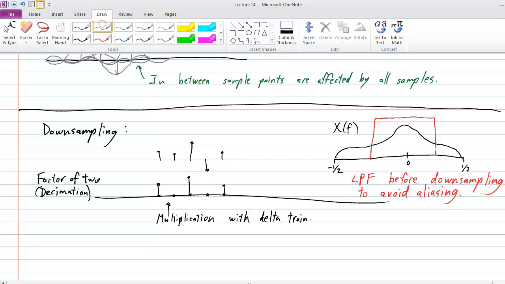So we low-pass filter, and in general, we low-pass filter with a cutoff frequency 1 over 2k, where k is the ratio of downsampling.